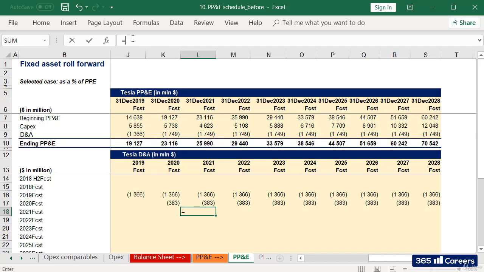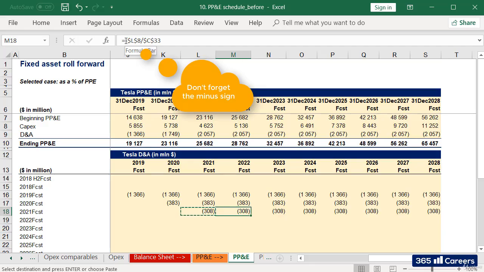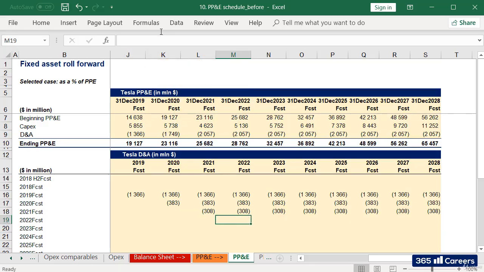Next, of course, I'll divide CapEx in 2021 by 15. We'll add a minus sign in front, and we'll paste to the right.